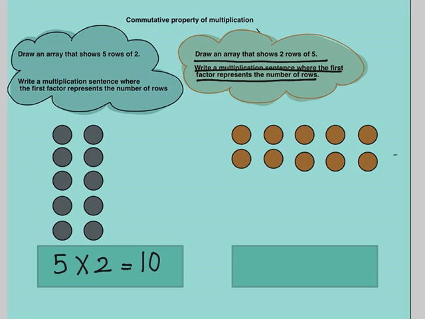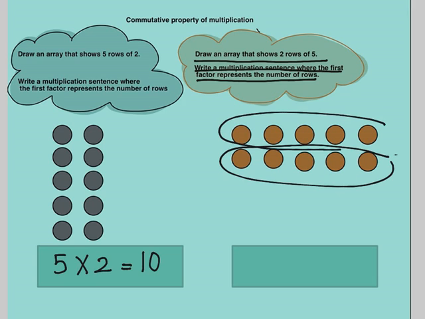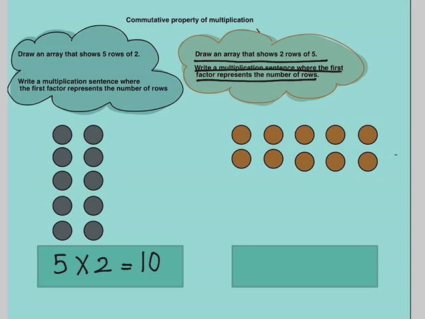Okay, so let us count. This is the first row of the array, and this is the second row or group of the array. So there are two groups in this array. So the multiplication equation will be 2 times the size of each group, which is 5, right?